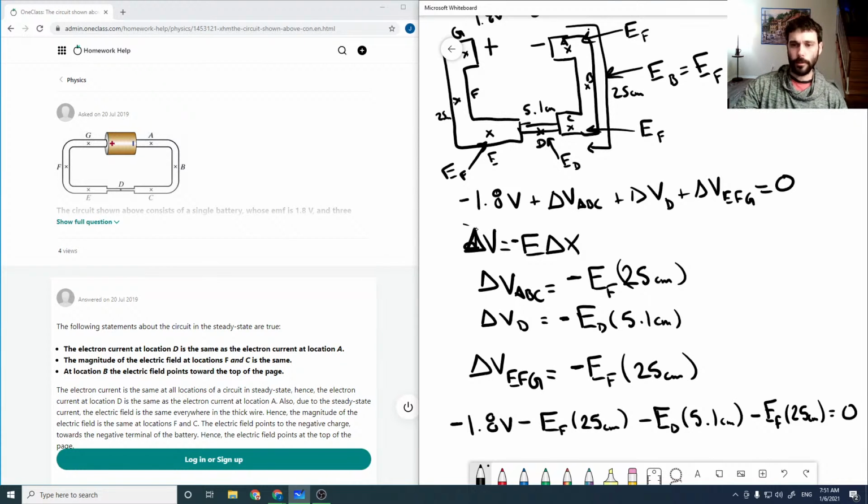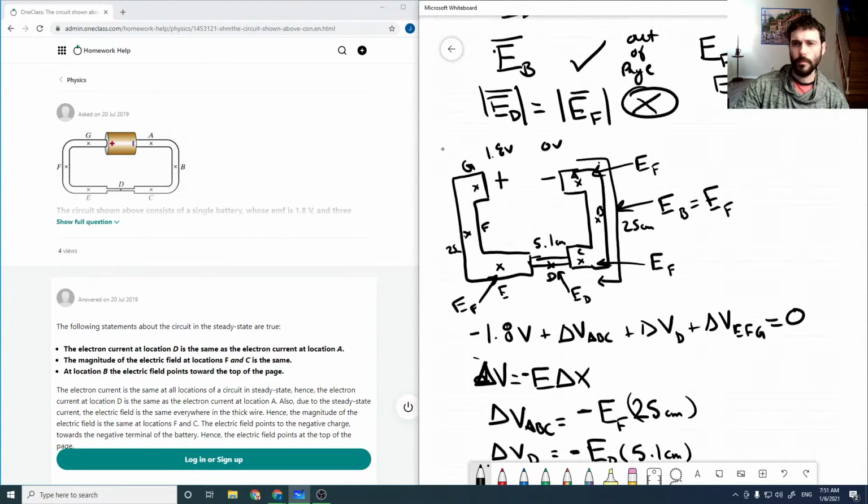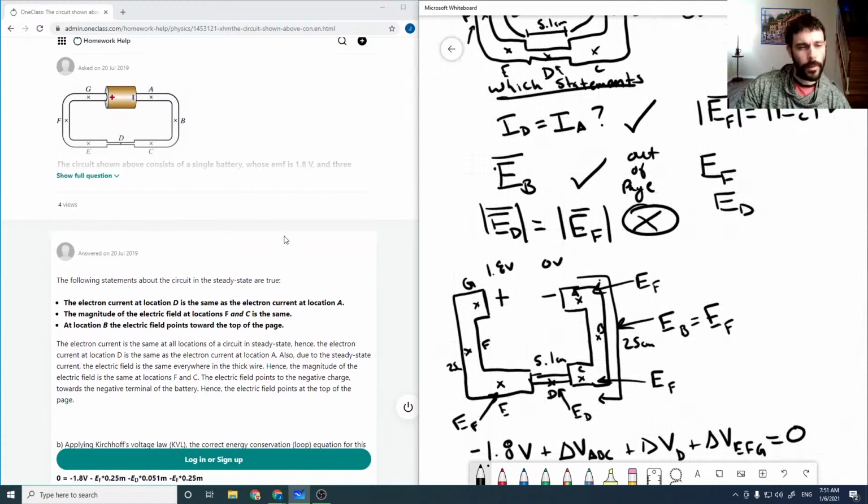Okay, so now if we check through our solution and compare a bit. As we said, the electron current at D is the same as A, and in fact should be the same everywhere. The magnitude of the electric field at F and C are the same, and the direction of the electric field at B should be out of the page.